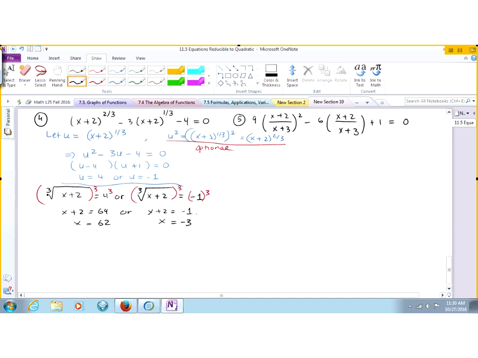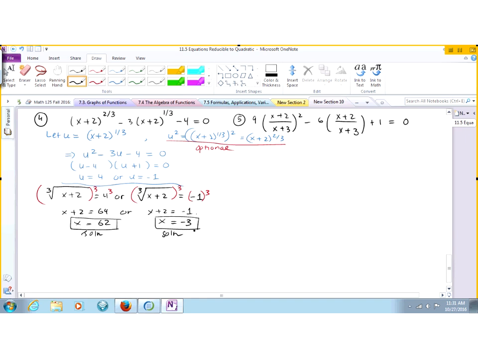Yes, both are solutions. This one you don't need to check because cube root can be negative. Only even roots you need to check. Cube root you can have positive or negative, so it doesn't matter. So both are solutions.